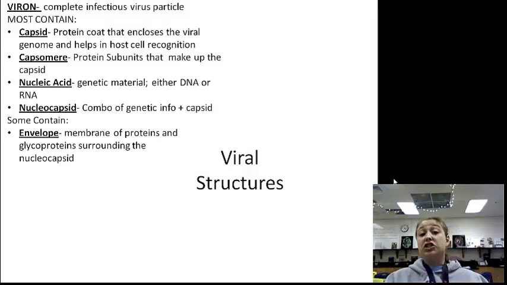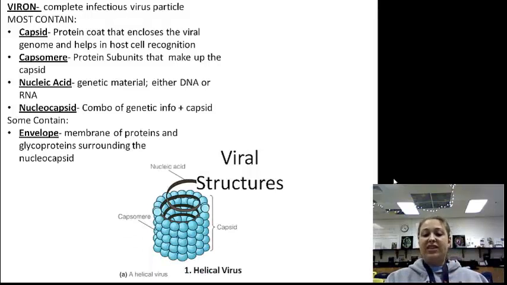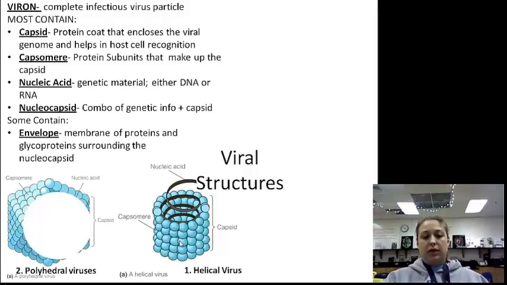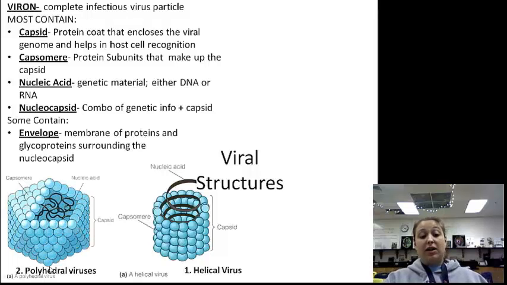Now let's take a look at some shapes. First we have the helical virus, which again has the capsid surrounding the nucleic acids or the genome. And we have the capsomeres, which are each individual piece that makes up the capsid. Okay? Helical. Next we have the polyhedral, which means many sides, virus.